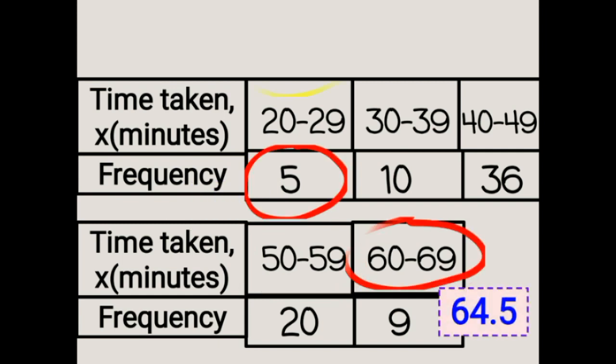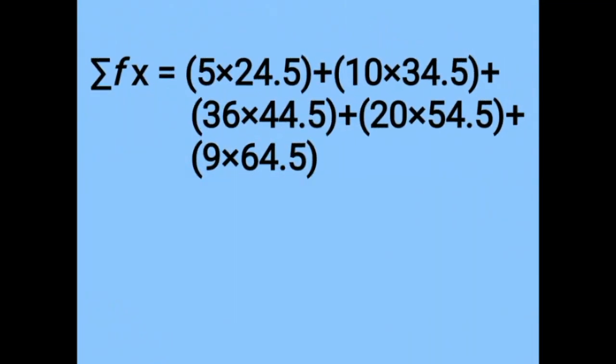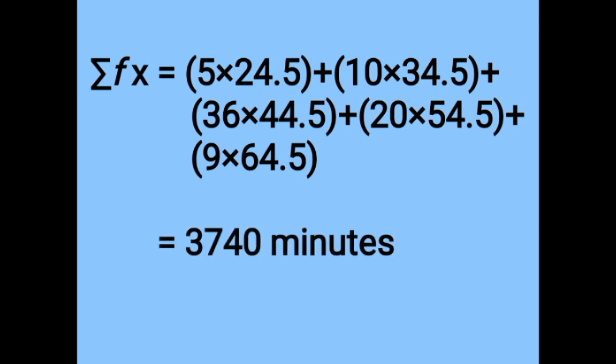Before estimating the variance, first let's calculate the total of the products of each frequency times the midpoint of each class interval. So it's 5 times 24.5 plus 10 times 34.5 plus 36 times 44.5 plus 20 times 54.5 plus 9 times 64.5 equals 3740 minutes.